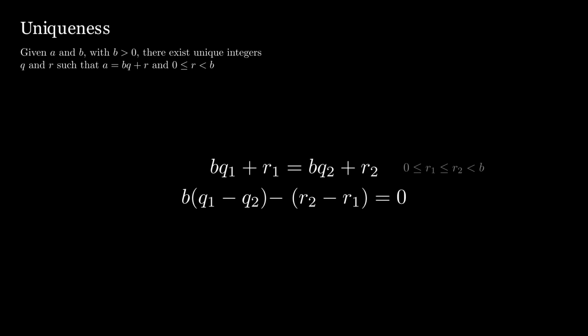Therefore, r2 minus r1 is a multiple of b, which is clear if you move r2 minus r1 to the other side of the equation. But look, since r2 is greater than or equal to r1, and they are both greater than or equal to 0 and less than b, we know, from the fact that the only multiple of b that is between 0 and b itself is 0, that r2 minus r1 is equal to 0, and hence r1 is equal to r2.